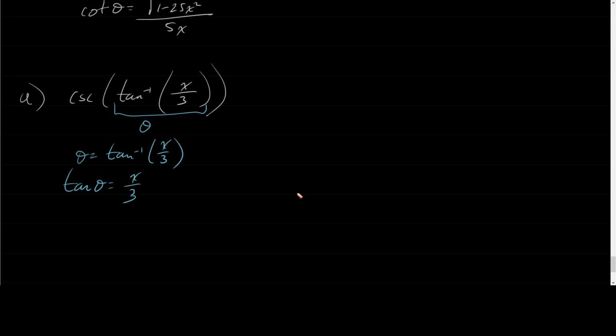So if I draw the triangle now, from SOHCAHTOA, we know that tangent is opposite over adjacent, so I end up with the opposite over the adjacent, meaning that the hypotenuse here is going to be, by the Pythagorean theorem, the square root of x squared plus 9, right?